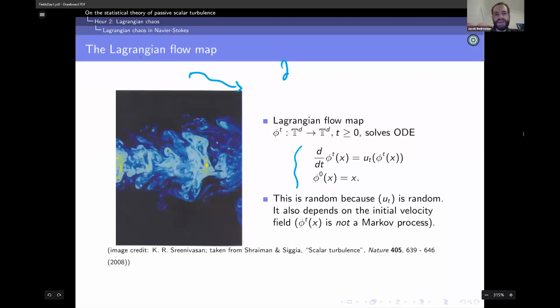You see, if you just had the transport, no kappa, no external forcing, whatever, then the passive scalar would be the initial scalar composed with phi t inverse.